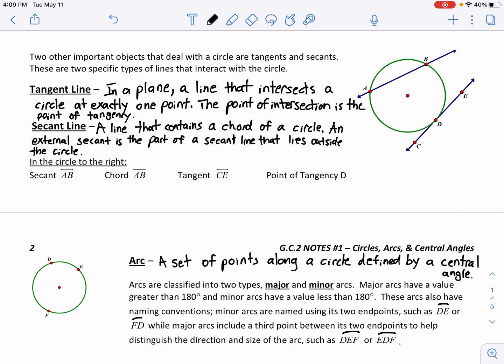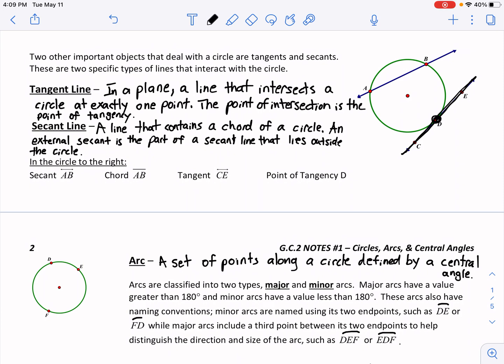And that point of intersection is called the point of tangency, okay? So for instance, if we look over to the figure on the right, the tangent line would be this guy, okay? It only intersects at one point, so it only touches the circle at one point on the edge here, okay? And that point, point D, that would be the point of tangency. So where we intersect, that's considered the point of tangency.